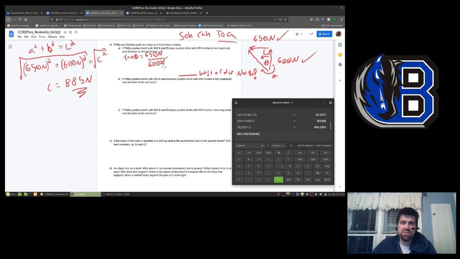Newtons will cancel. I don't want tangent of theta, I want theta, so I'm going to take inverse tangent of the left and the right. And on the left, tangent and inverse tangent cancel and give me theta, which is what I want, and the right is something that can go in my calculator.